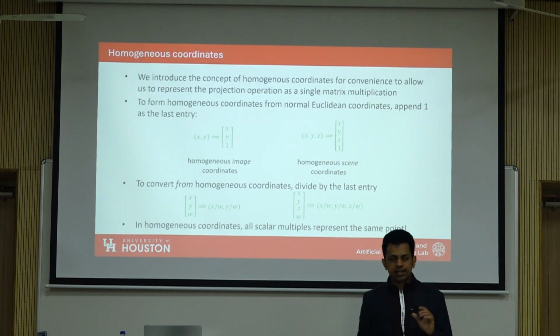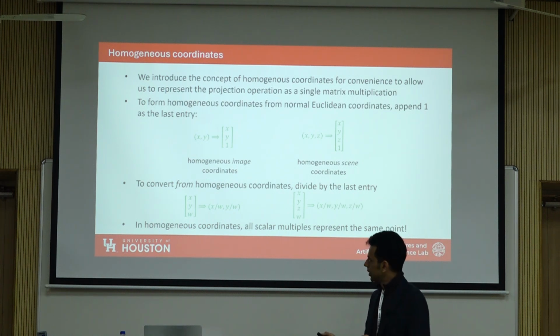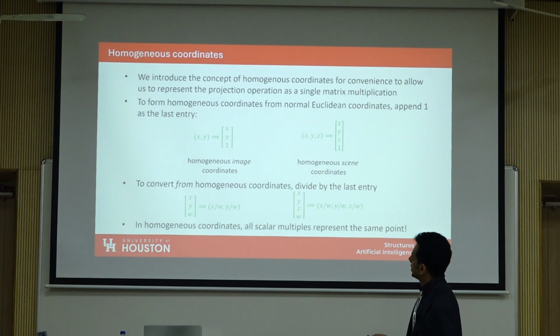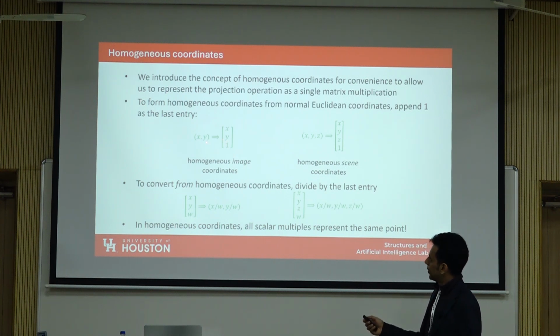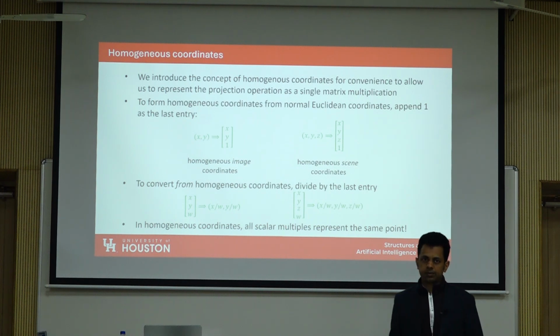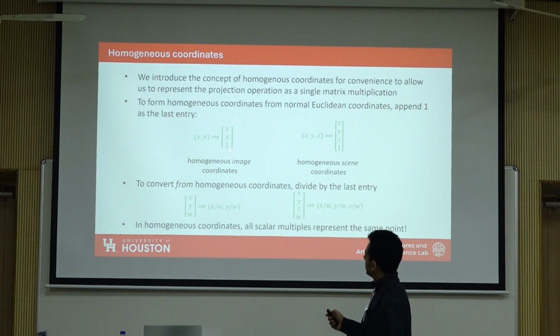So what this does is it allows you to represent the rotation and the translation as a single matrix multiplication rather than having a matrix multiplication followed by an addition. So what are homogeneous coordinates? We just add one dimension to the image coordinates and one dimension to the scene or world coordinates, and we populate that dimension with the number 1. Okay. So why does this help?